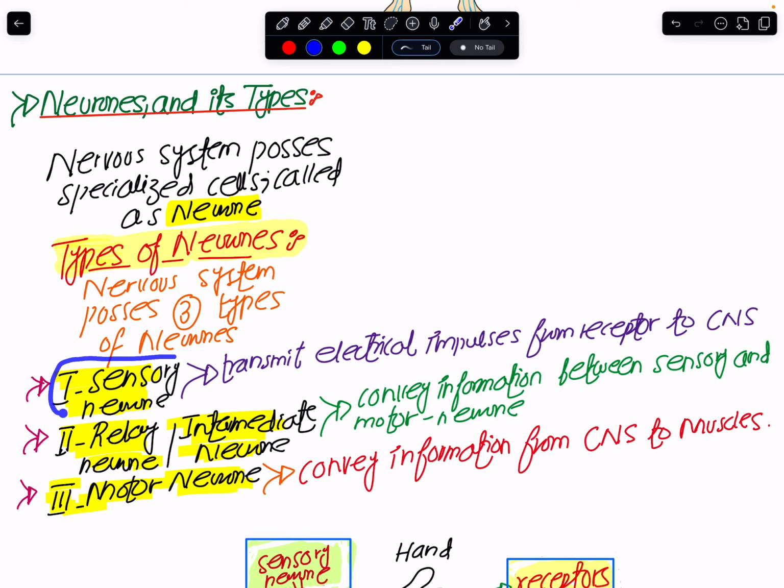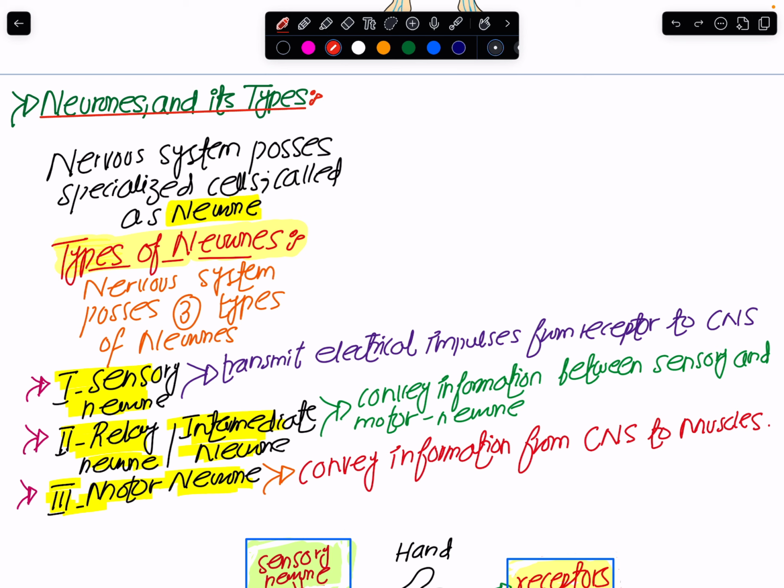The first neuron is the sensory neuron. The second neuron is the relay or the intermediate neuron. And the third type of neuron is the motor neuron, we say.